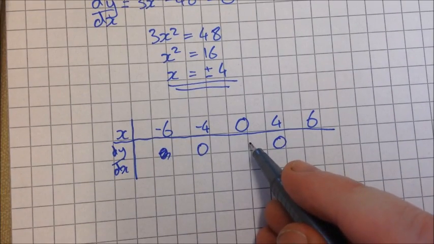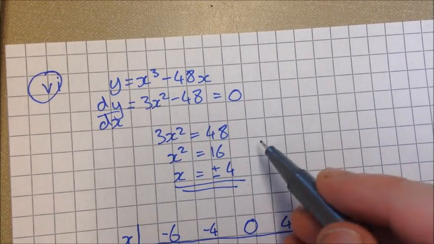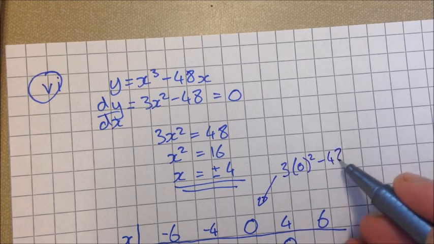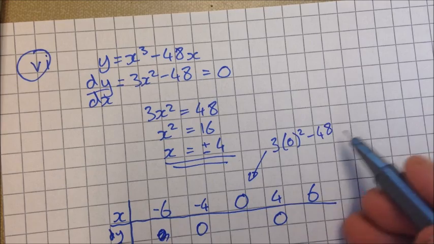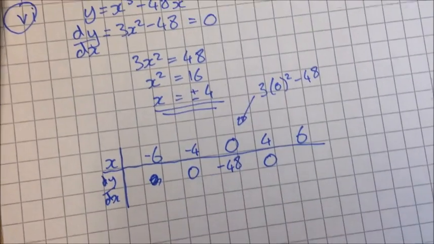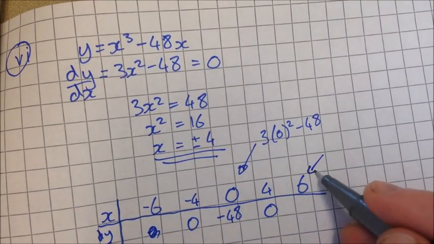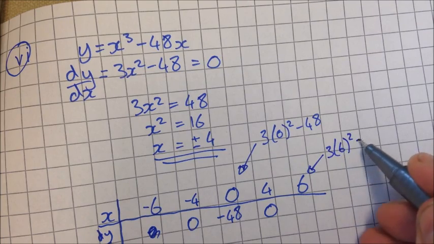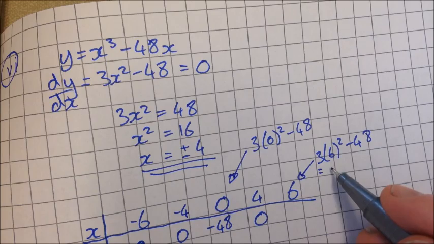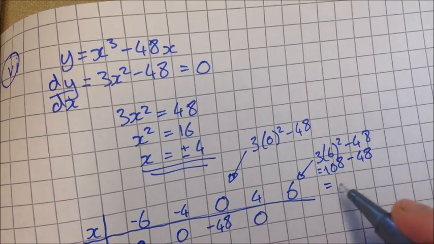Right, let's plug in 0 into our dy/dx. 3 lots of 0 squared, take away 48. 3 lots of 0 squared is 0, isn't it? So take away 48. That's a negative. The 6 one here, we do 3 lots of 6 squared, take away 48, which is 3 lots of 36. 36, 72, 108. So that's 60.